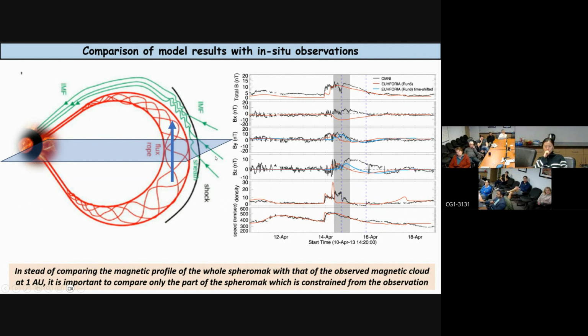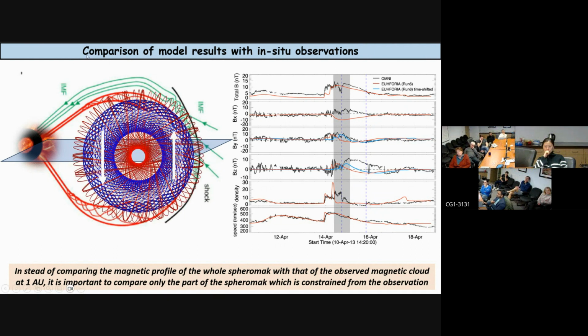Because in our case the spheromak structure doesn't have any legs attached to the sun. So the spacecraft will see first this part where the north-south component is positive, but it will also encounter this other part.